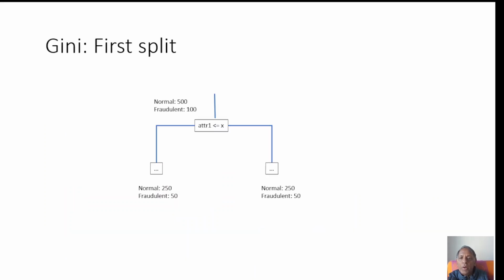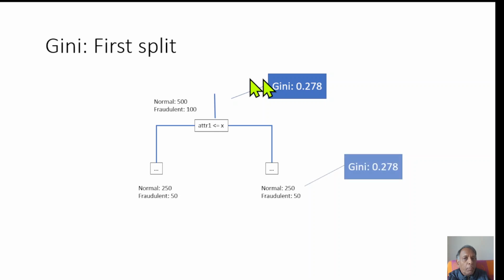Here, let's say normal 500, fraudulent 100. So the Gini index here is 0.278, which is a low number because obviously this node, even the training partition itself, is highly homogeneous. It's like 1:5. Of course, each of these two nodes also has a Gini of 0.278.